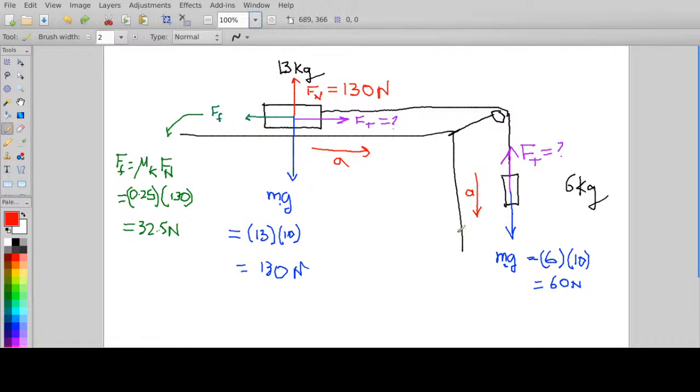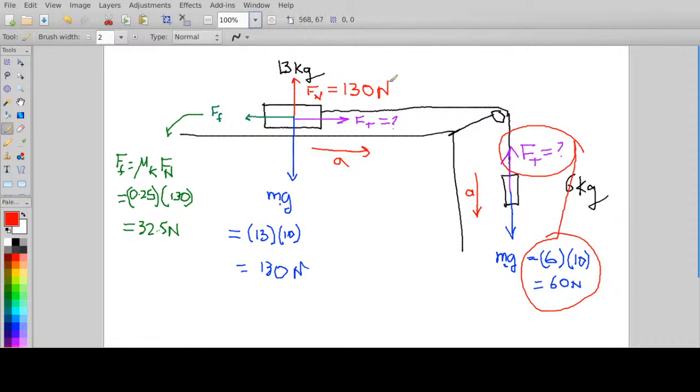But we do know that the system is not accelerating. And if the system is not accelerating, what can you say? Well, you could say that this force must exactly cancel that force. Aha, that's a clue. If this force cancels that force, and this force is 60 newtons, then the tension must be 60 newtons.